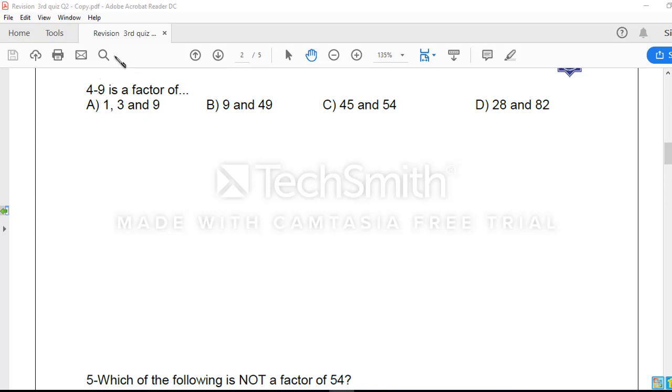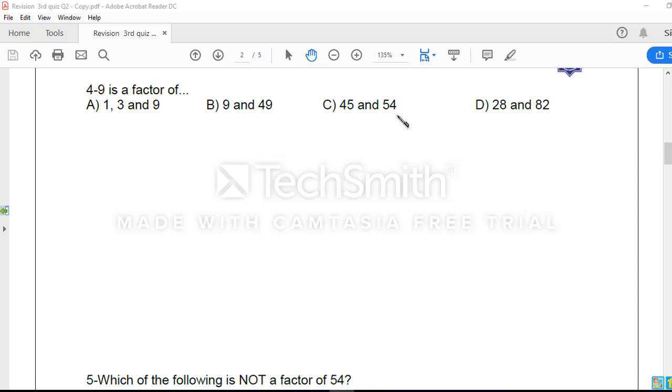He's asking, 9 can be a factor of what? 9 can be a factor of 9. Yes, it can. But it cannot be a factor of 49 because we don't have any number multiplied by 9 that gives you 49. I'm speaking about whole numbers, of course. Now choice C: 9 by what gives you 45? Yes, 9 by 5.